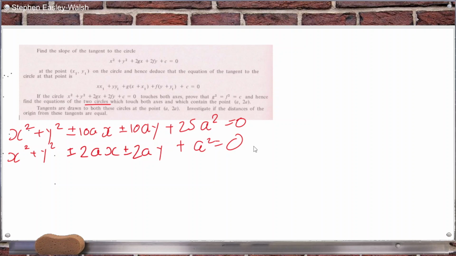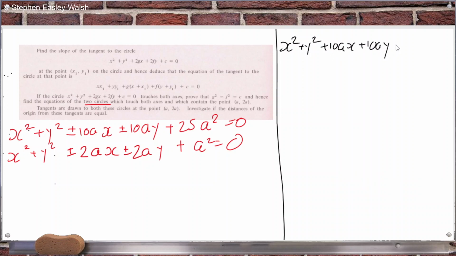Okay, so my 4 circles are x squared plus y squared plus 10ax plus 10ay plus 25a squared equals 0. X squared plus y squared minus 10ax minus 10ay plus 25a squared.